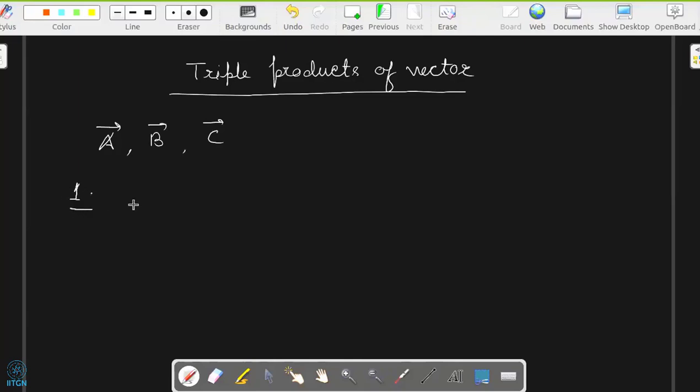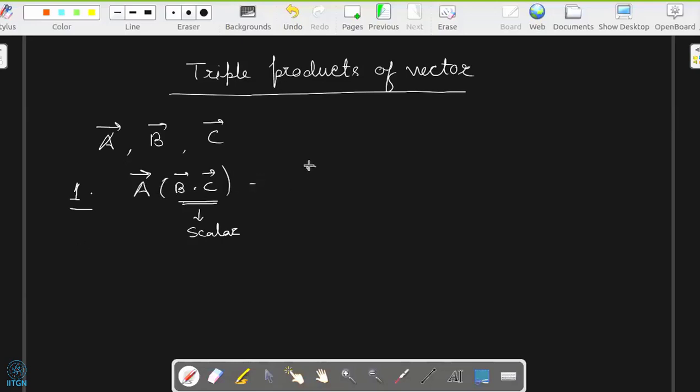We can have one combination as simply vector A multiplied with B dot C. This is a scalar quantity, and this scalar quantity multiplies a vector; this is neither the dot product nor the cross product. This combination we can also have.